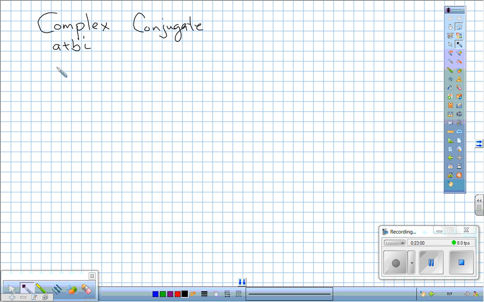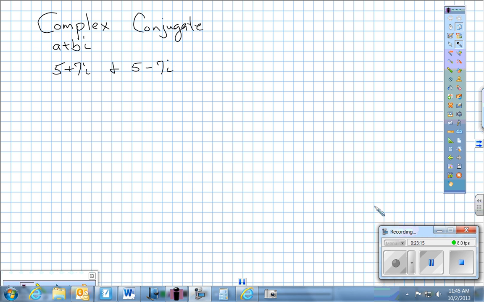For example, 5 plus 7i and 5 minus 7i are complex conjugates. You might be asked to find the complex conjugate. Basically, it's the same real and the same imaginary numbers, but the sign between them will be different.